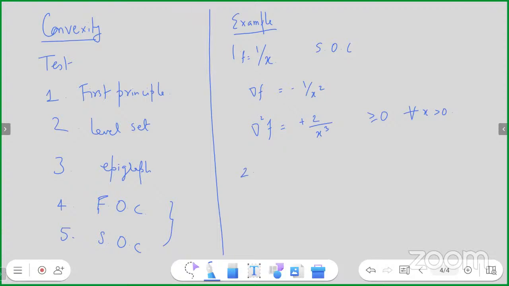Did we leave behind any other function to check later, other than 1 by x? So we said something about f of x, y equals x times something. This function, we at least had a good idea why it was not convex. But now, can you directly show me that it's not convex?